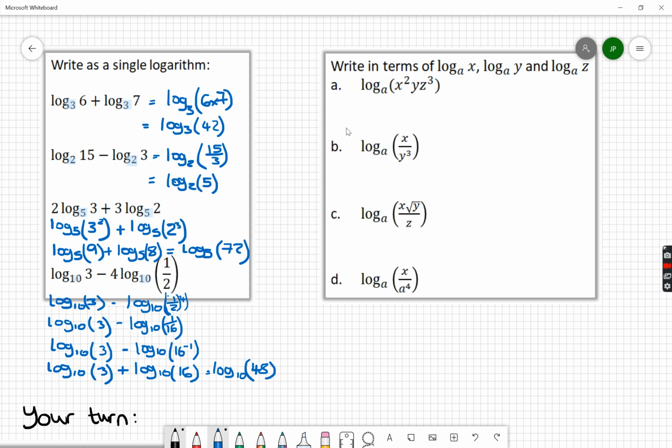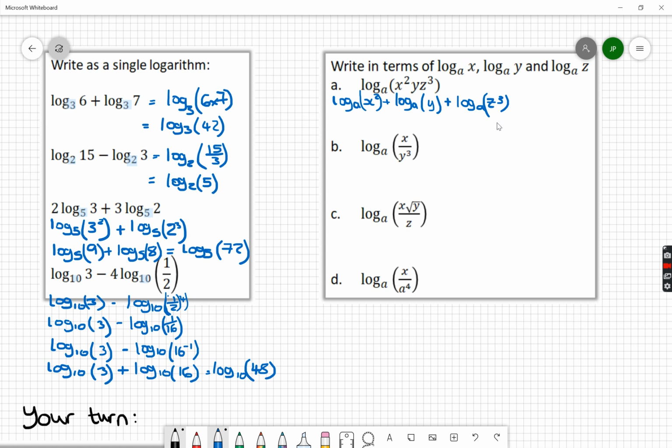So I can rewrite this first part as log base a of x squared plus log base a of y plus log base a of z cubed. Now we just want it in terms of log x, log y, and log z. So I need to get rid of the powers.